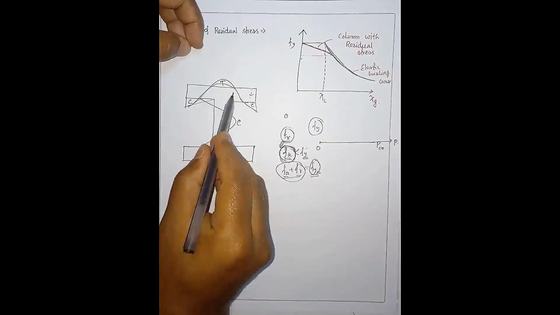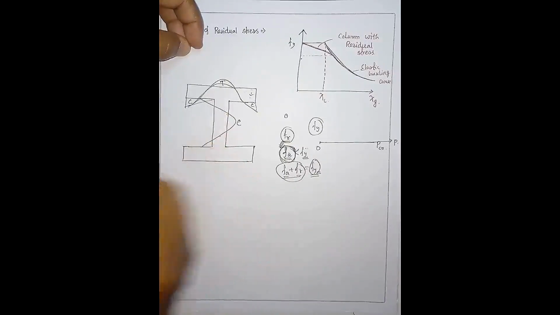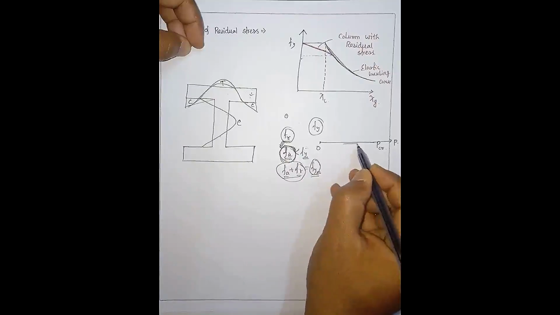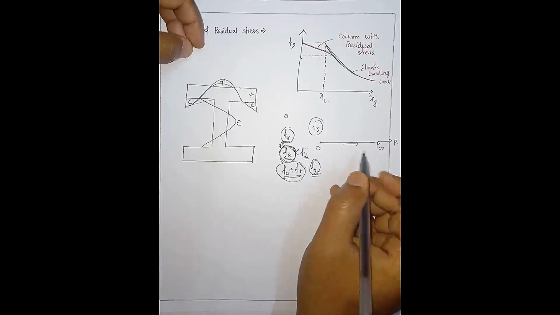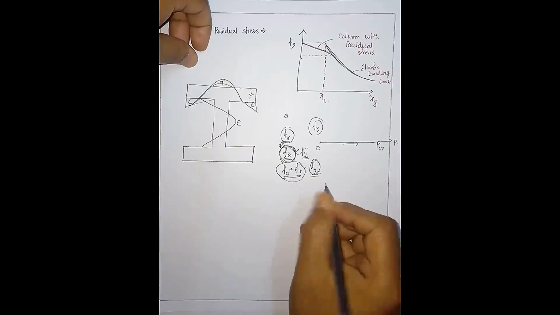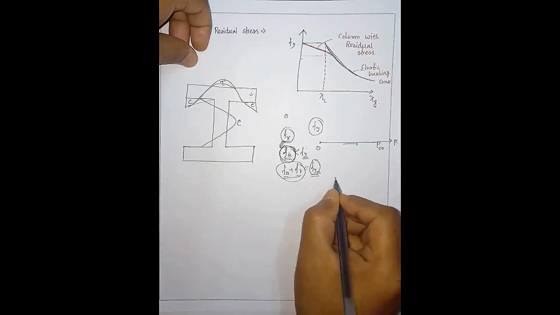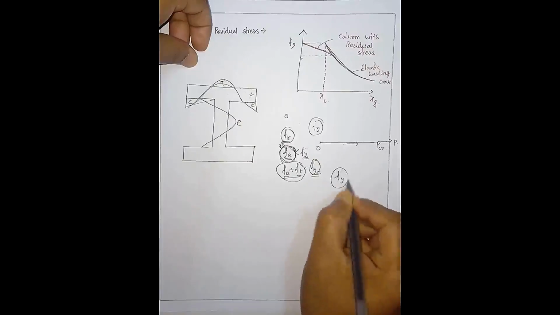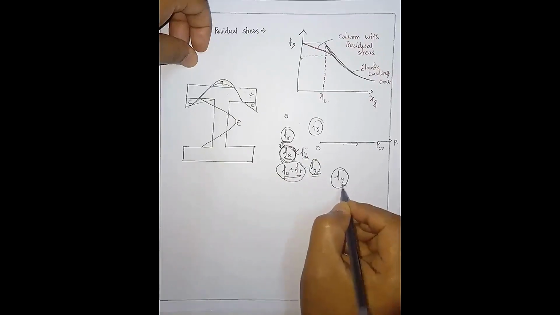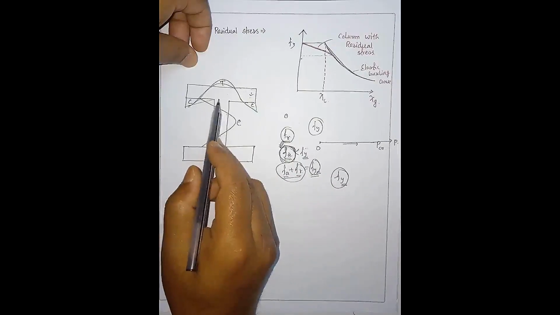Okay, but this inner part will not fail. So again, we are increasing the load in this direction, going to the positive side. At some point we will be applying some stress Fy, so that at this Fy every part should fail.